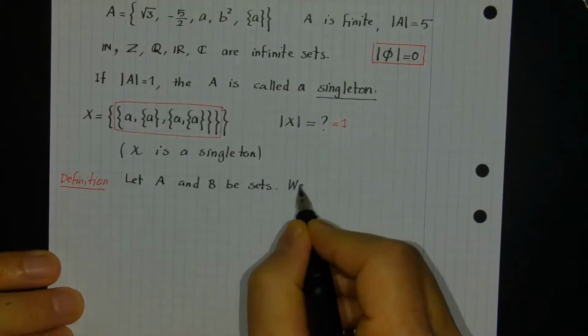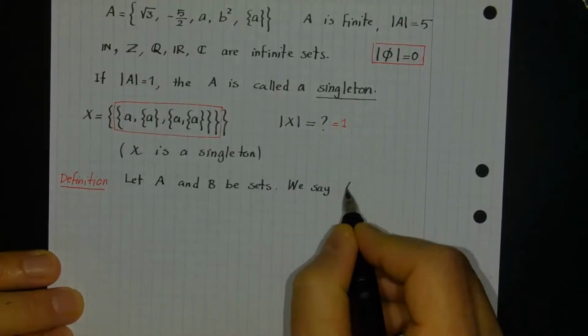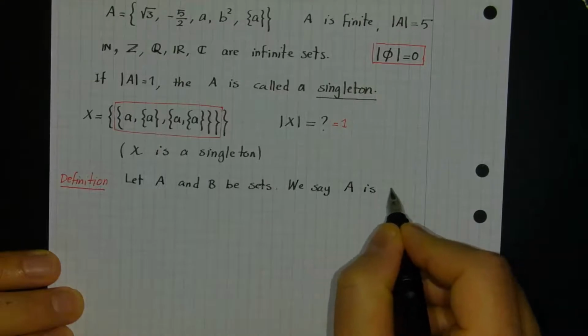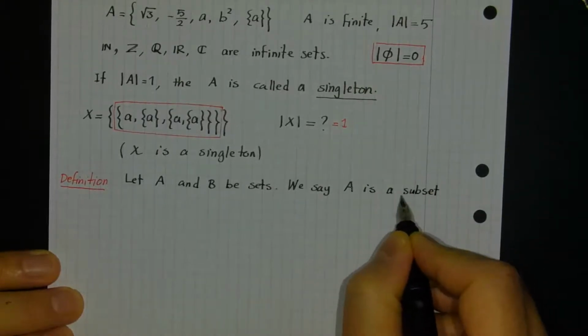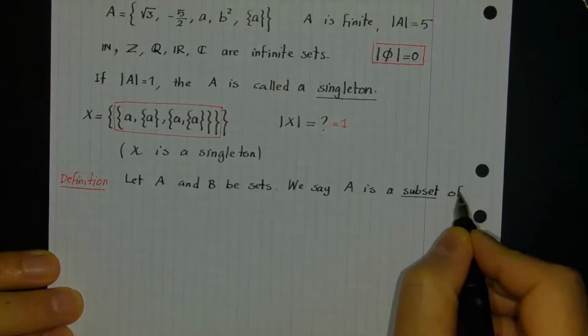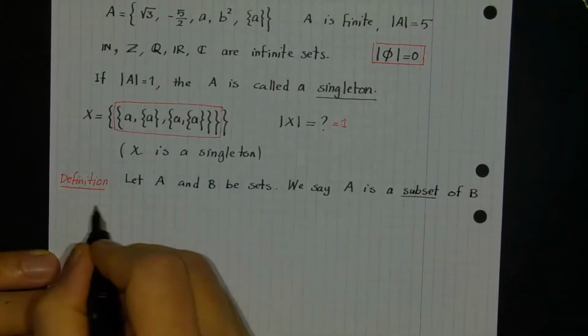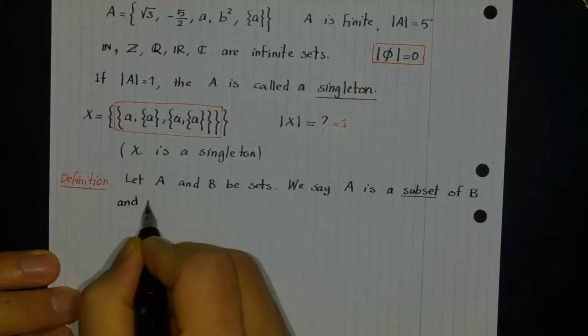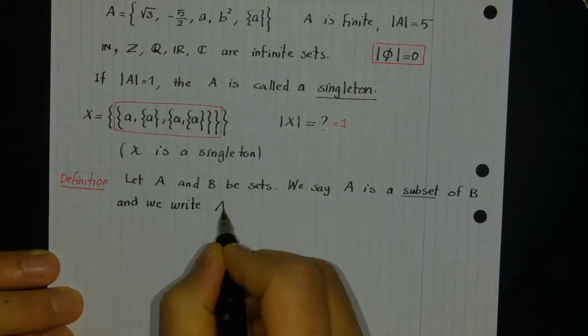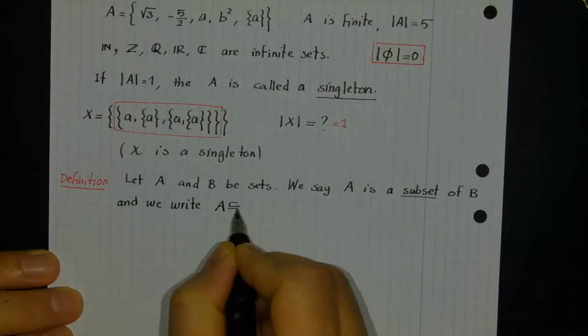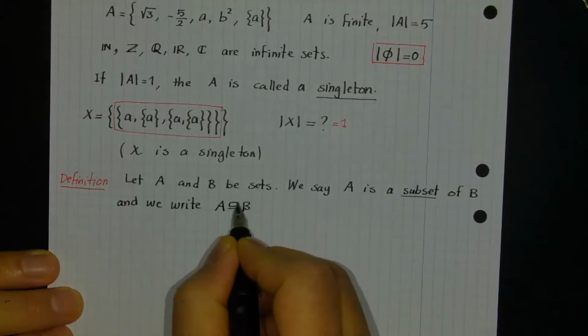We say A is a subset, so this is the word that you need to remember, is a subset of B, and we write A is a subset of B. This is the symbol that you write.